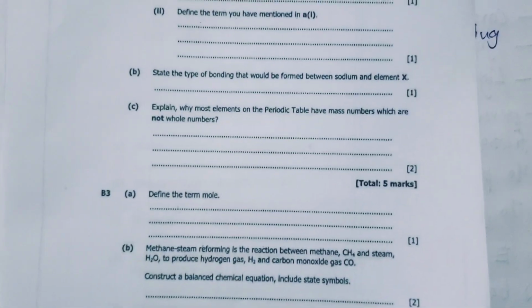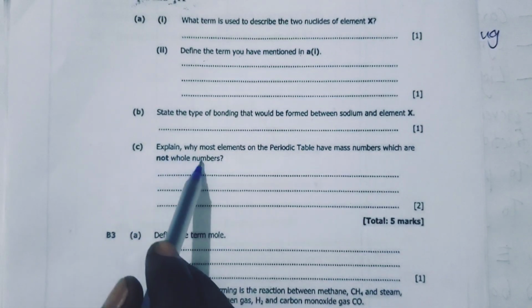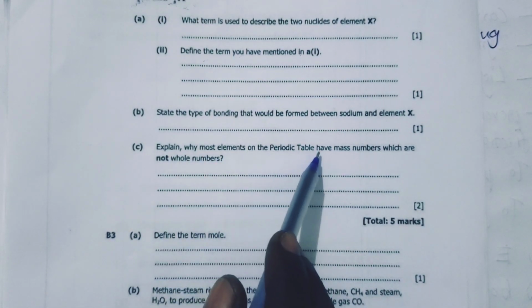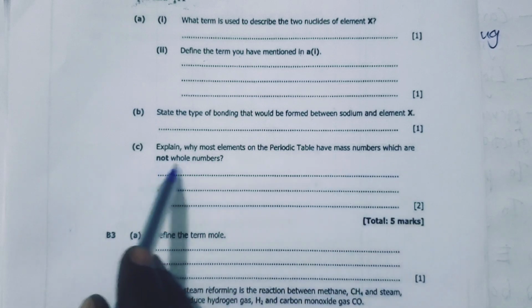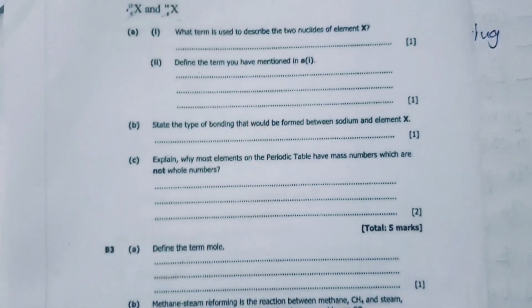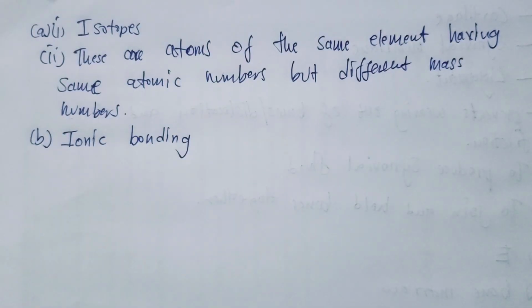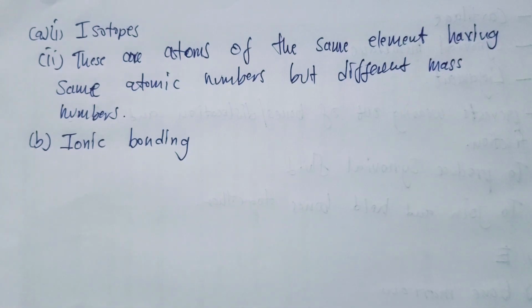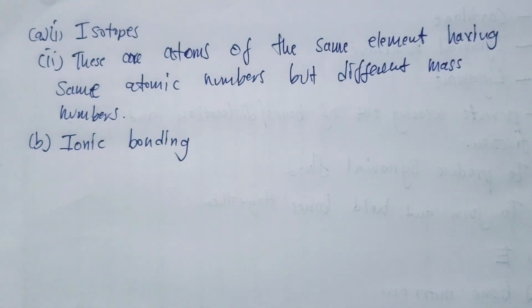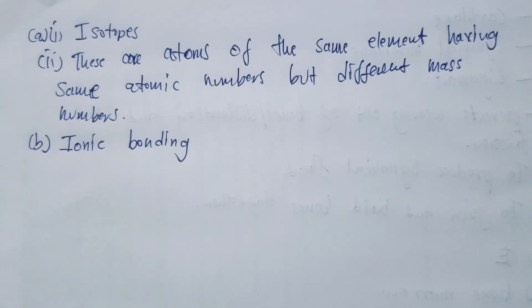Then the last question is saying, explain why most elements on the periodic table have mass numbers which are not whole numbers. If you look at the periodic table, in most periodic tables the mass numbers are rounded off, but the actual numbers are not whole numbers. They have decimal points, almost all the elements.